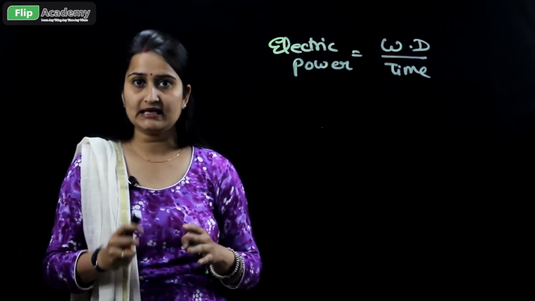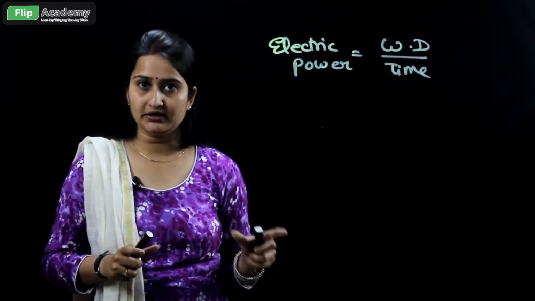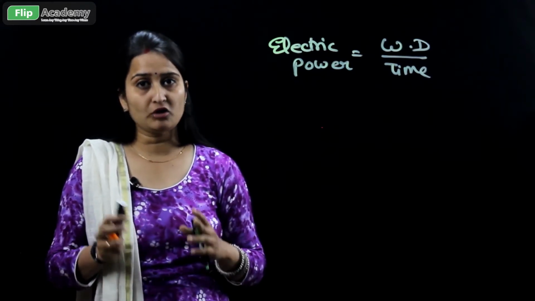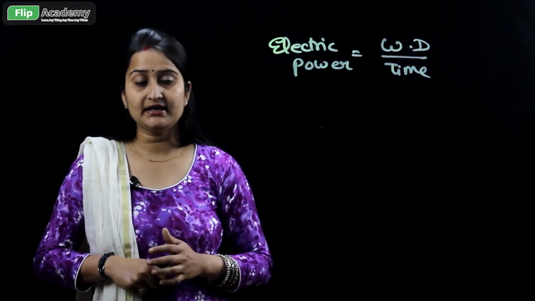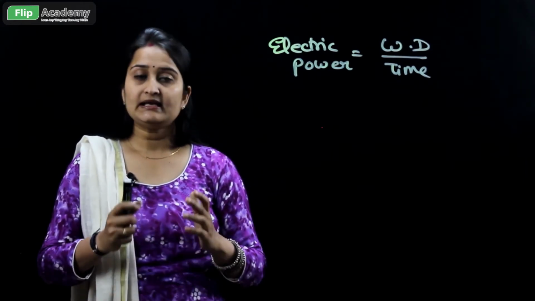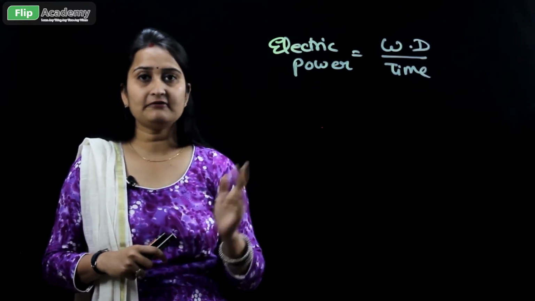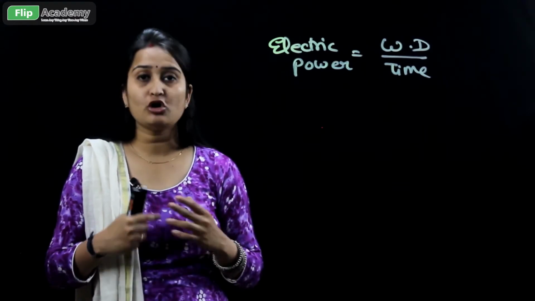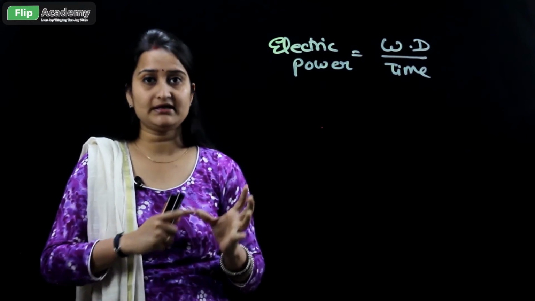It is the same case with current also. The work done by the current when it is flowing in the conductor is equal to the amount of energy consumed by the conductor. You can understand it in this way also. Suppose you have switched on a fan and the fan starts revolving. It is doing some work. But how is that work done?